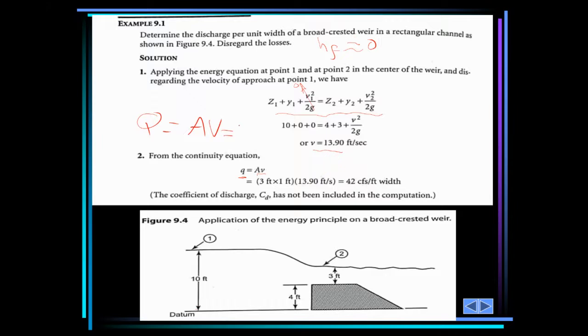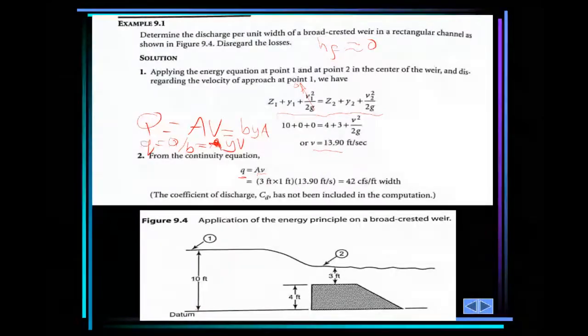For a rectangular channel, the area of rectangle is BY. So q, the flow or discharge per unit width, is equal to Y times V.